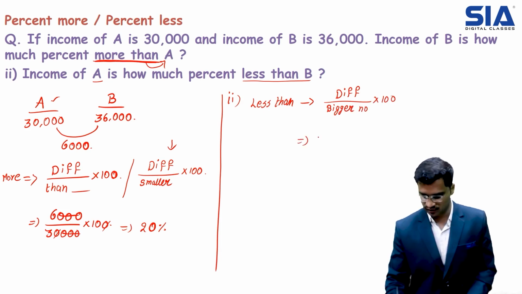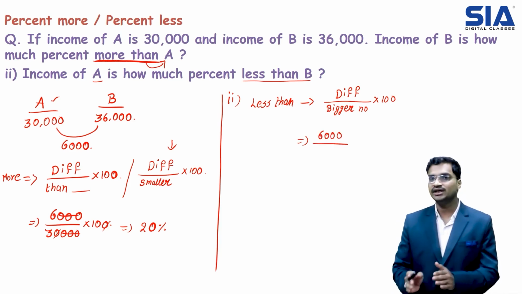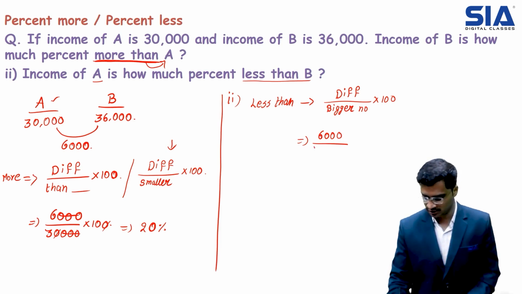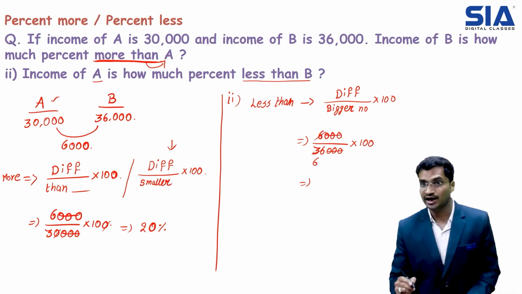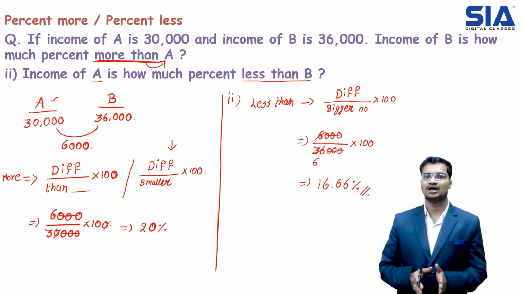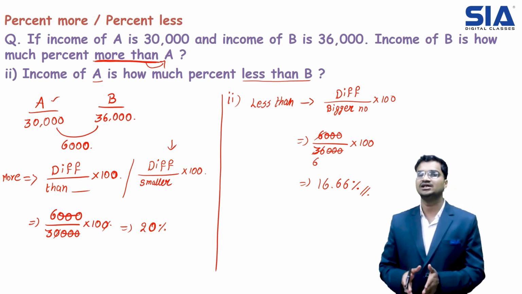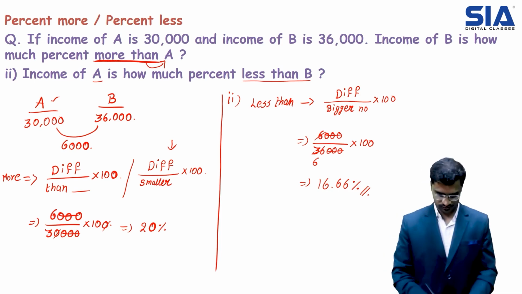The difference here is 6,000. The bigger number between 30,000 and 36,000 is 36,000. So 36,000 into 100. Three zeros get cancelled. 6 ones are 6, so 100 by 6 is 16.66%. So our answers are 20% and 16.66%.